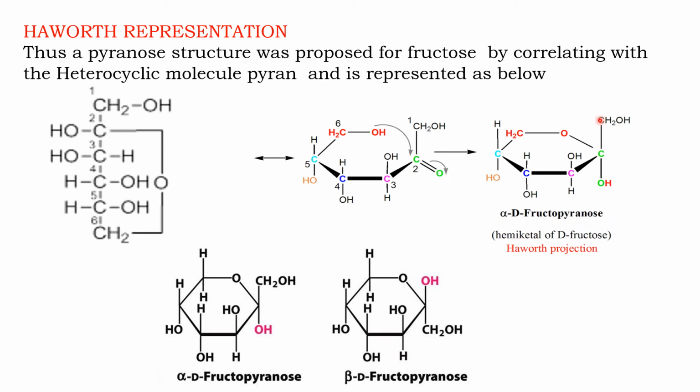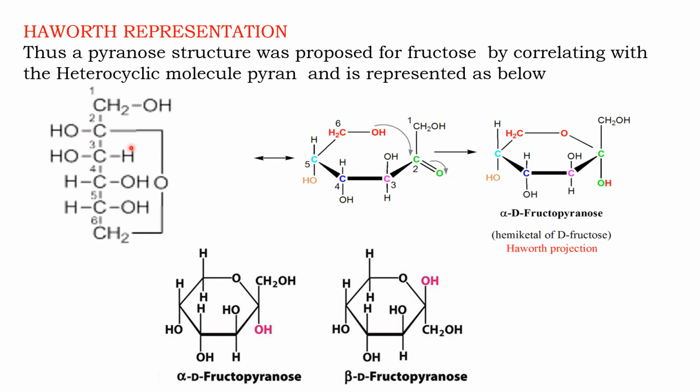This is the first carbon atom, second carbon atom, third carbon atom, fourth, fifth and sixth carbon atom. So the second carbon atom is the anomeric carbon atom. If the OH group is on the left hand side, it is beta D fructose. If the OH group is on the right hand side, it is alpha D fructose.